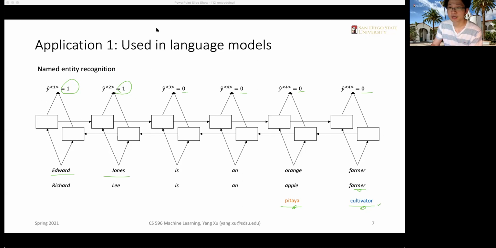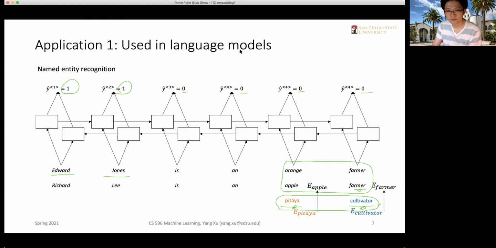What we care about is whether this model can still recognize that the pitaya cultivator describes something similar to the orange farmer and the apple farmer.